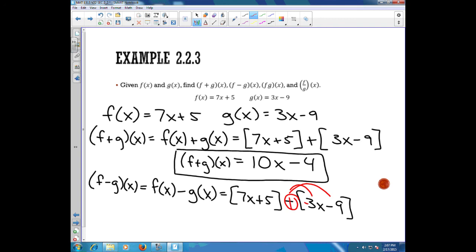And so we're going to get plus negative 3x and positive 9. And now we can just add. 7x minus 3x is positive 4x. And 5 plus 9 is plus 14. So f minus g of x is 4x plus 14.